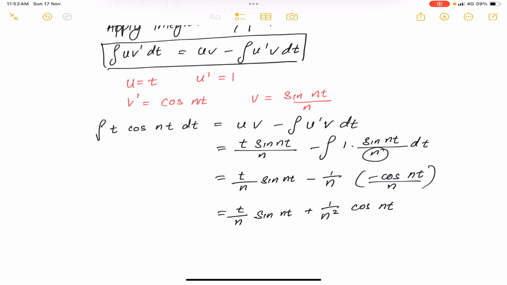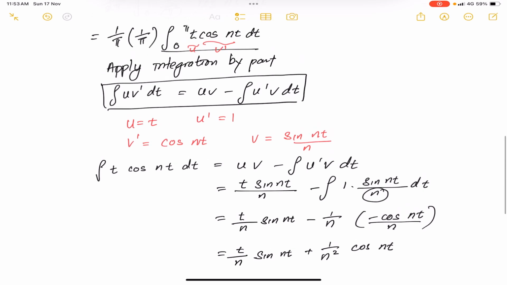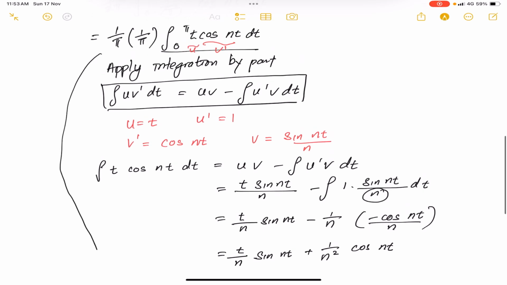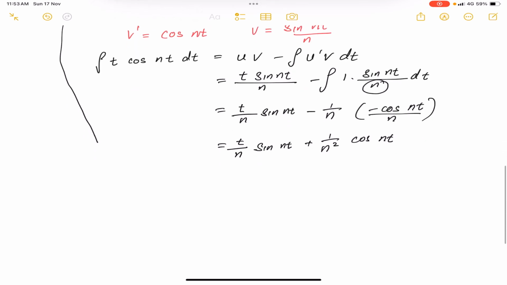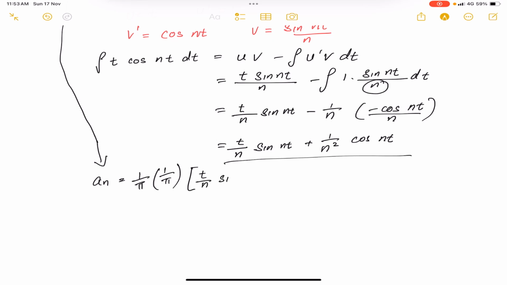So now you can substitute back. From here you start again. So an equal to 1 over pi, then 1 over pi again, then you substitute with this value. So t over n sine nt plus 1 over n squared cos nt, the limit is 0 to pi only.